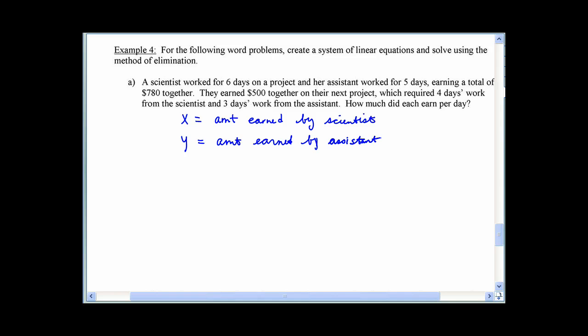And now you're ready to set up the equation. 6 days and 5 days, so 6x would be the amount earned by the scientist on 6 days. 5y would be the amount earned by the assistant. That equals $780.